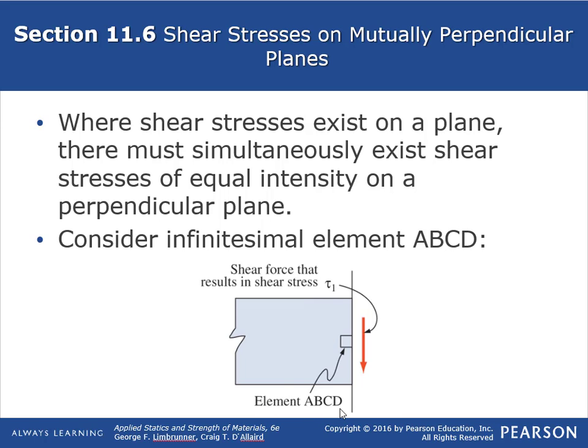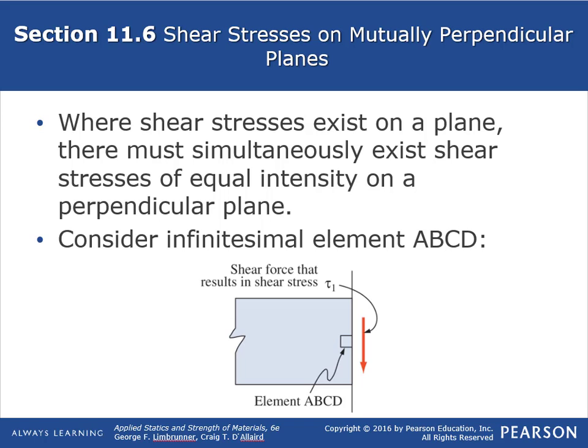We're talking about this infinitesimal element A, B, C, D, which happens to be right at the edge of a free body diagram that we took from our beam.